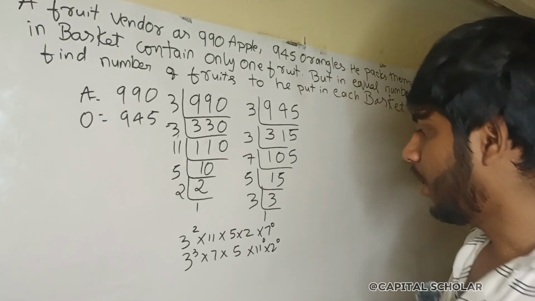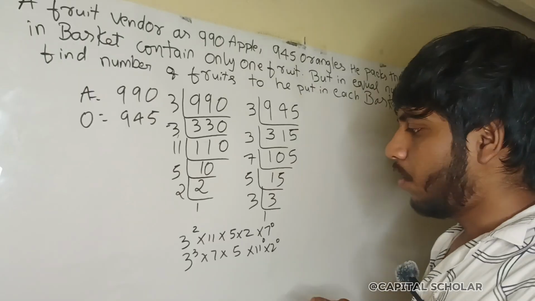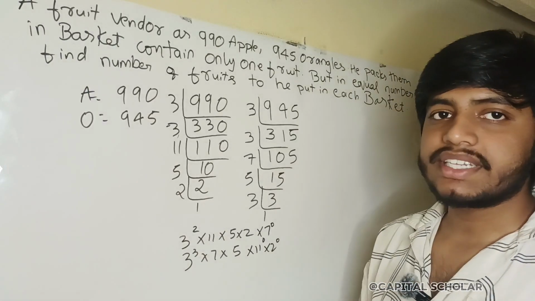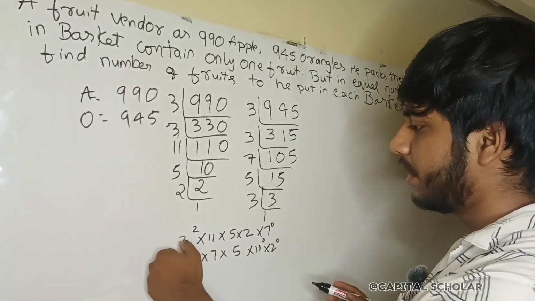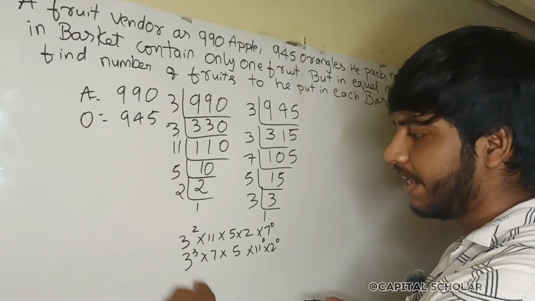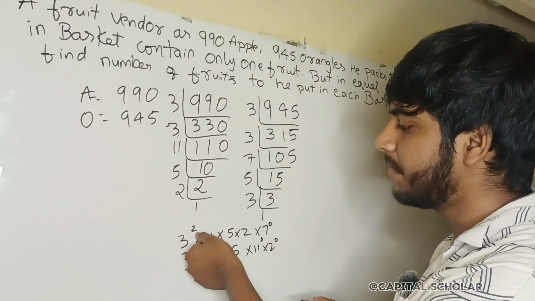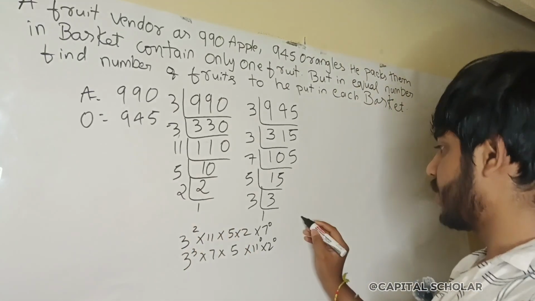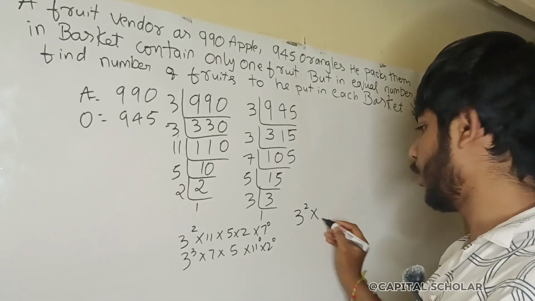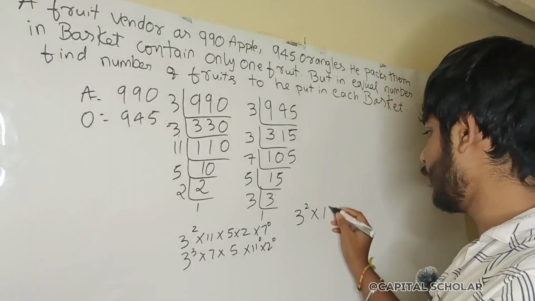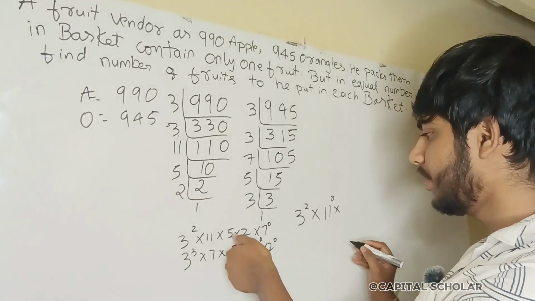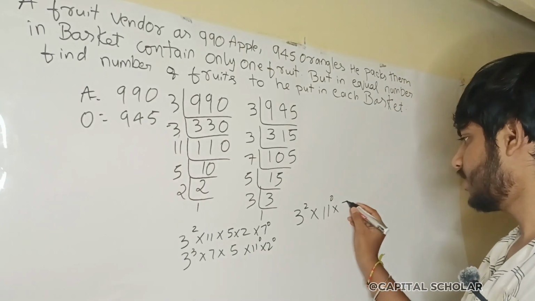Okay, now let us find out which is the lowest power in these factors. In these, 3 is common, which is lowest? Obviously 3 to the power of 2 is lowest. In 11, which is lowest? 11 to the power of 0. In 5, 5 is as it is.